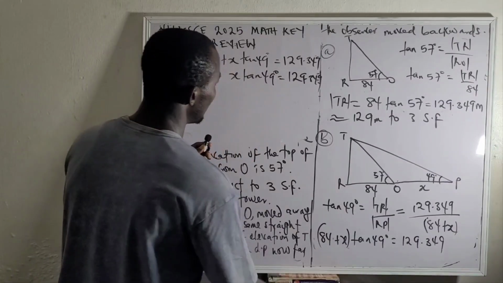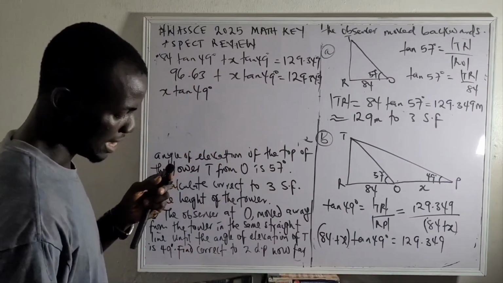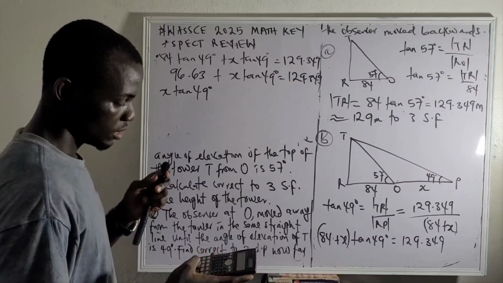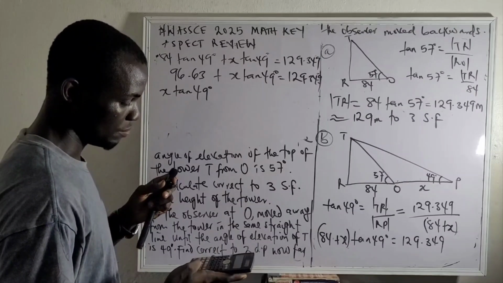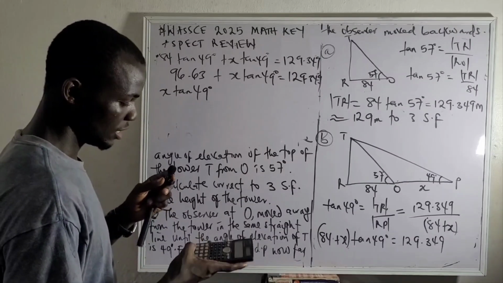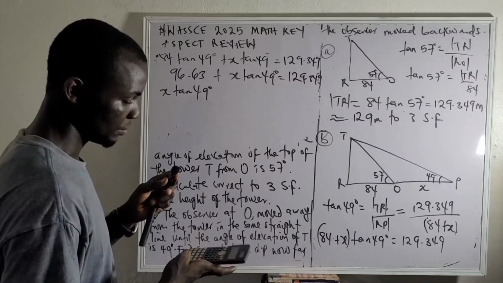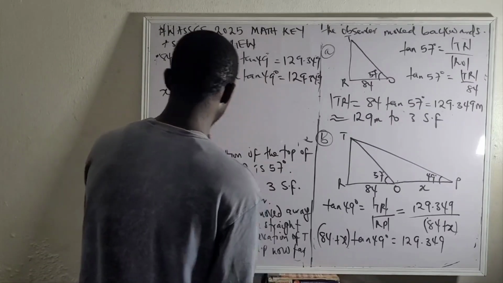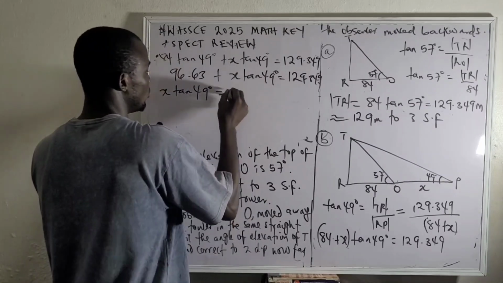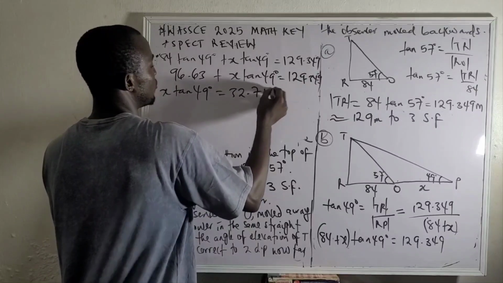If I collect like terms, my X tan 49 degrees will be this minus this, so let me do that right away. That will be 129.349 minus 96.63, which gives me 32.719.